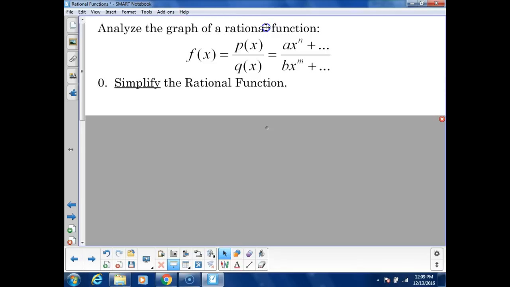Alright? So, we're going to simplify the rational function. What are we looking for? Common factors. We're going to simplify and get rid of common factors.